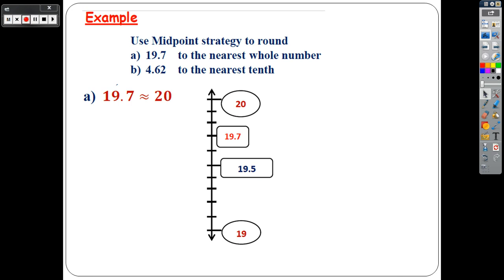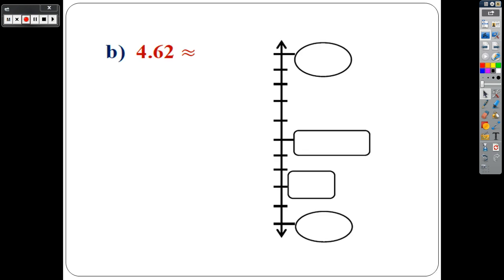Another example, example B: 4.62 to the nearest tenth. You want to round this number to the nearest tenths. Ask yourself, in the tenths place, it lies between 4.6 and 4 point what?